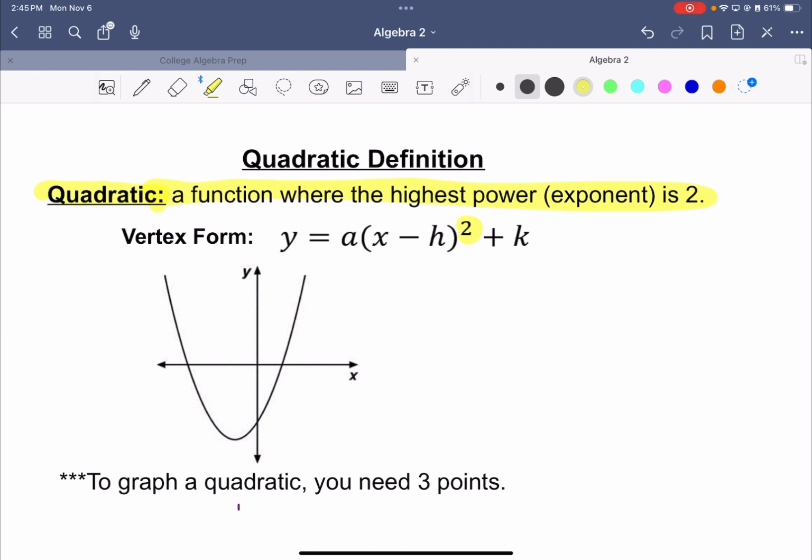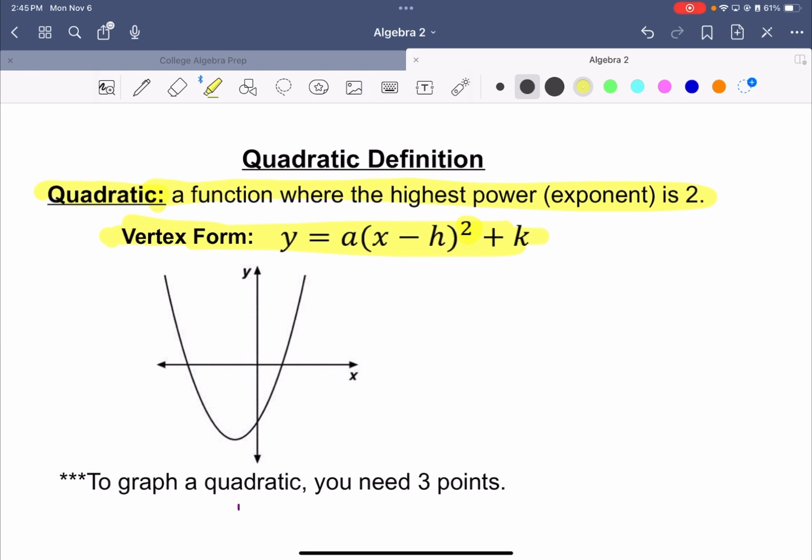Big time for your notes, vertex form. This is what we call vertex form. We call it vertex form because we can easily find the vertex if we're given an equation or function that's in this form.